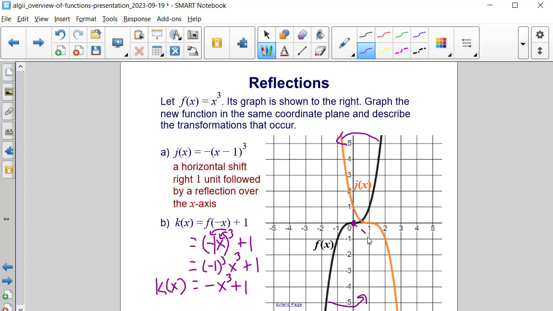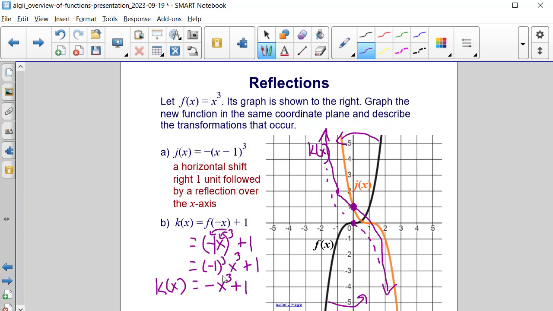So it would look something like this, but then we also have to translate it up 1 unit. So our final function will have this shape, but it will be centered about the point 0, 1. So this is our function k of x.